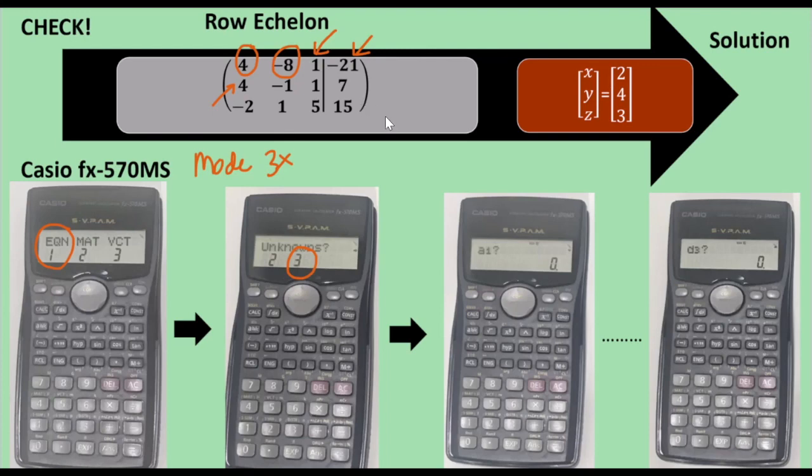And once you press equal after D3, you would get your answer, x as 2, y as 4, and z as 3. So you can try this out on your own, and you can pause the video to find the answer before we continue with another example.